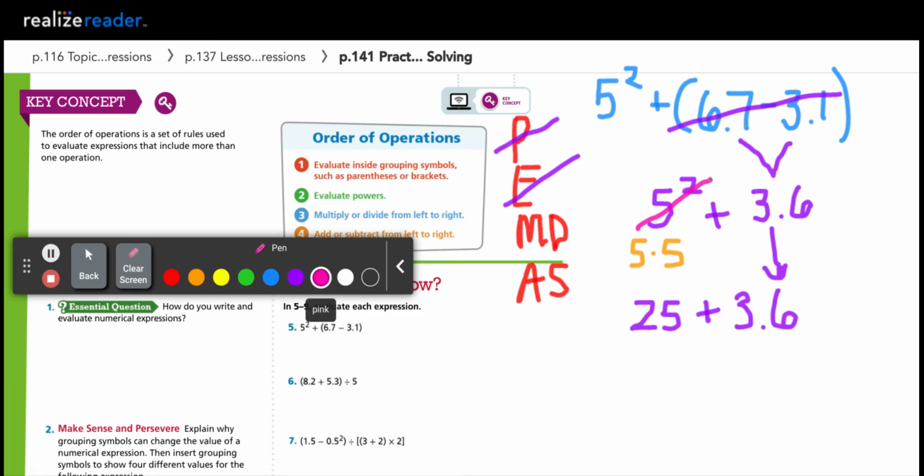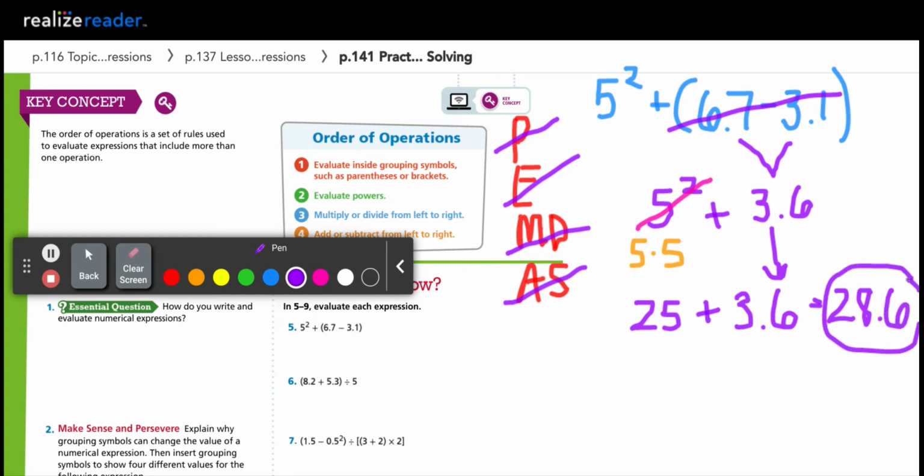Do I have any multiplication or division here? Nope. Cross it off. Last step, addition or subtraction. 25 plus 3.6 is 28.6. So when I evaluate my expression, my answer is 28 6/10.